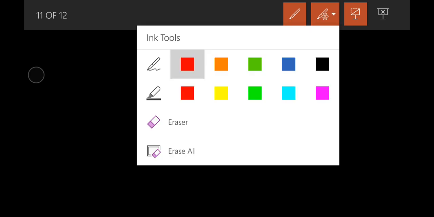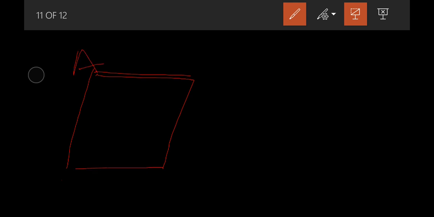In parallelogram ABCD, if we draw the diagonals, then we know that the diagonals of a parallelogram bisect each other.